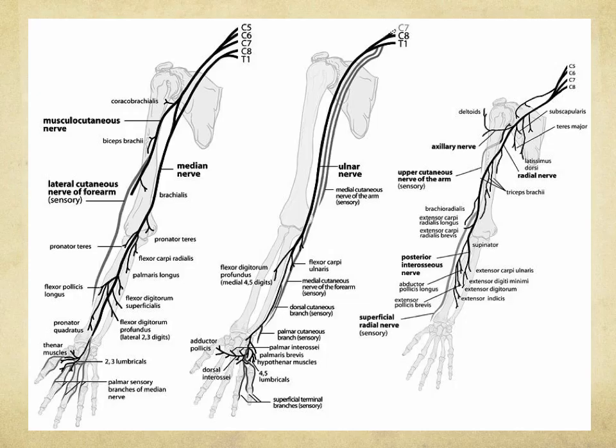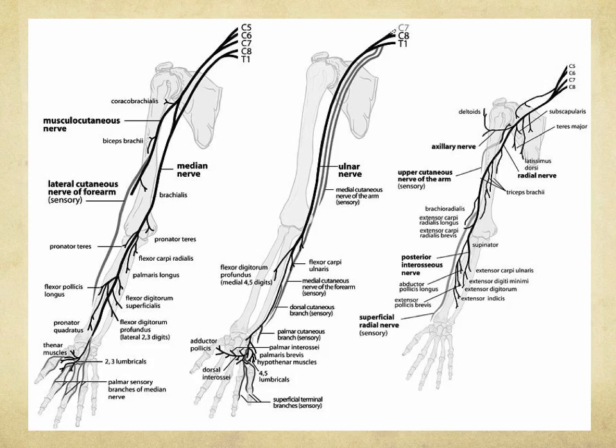Coming away from the brachial plexus are all of the nerves heading down the upper extremity. From the brachial plexus we get the nerve that's going to head to the biceps, the musculocutaneous nerve. This musculocutaneous nerve also has the lateral cutaneous nerve, which continues down the radial side of the antebrachium.